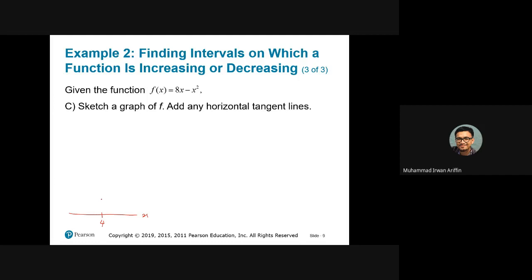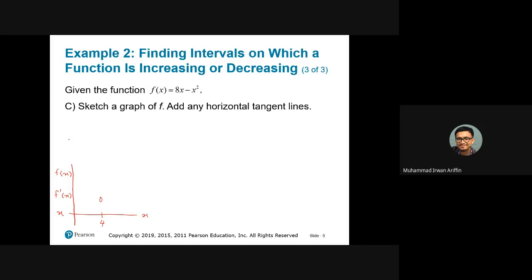So let's try to construct the sign chart. So we know that for f prime of x, if this is a table, this is x and this is f of x, let's see if we can solve for the simple sign chart based on the information we have collected from this example.